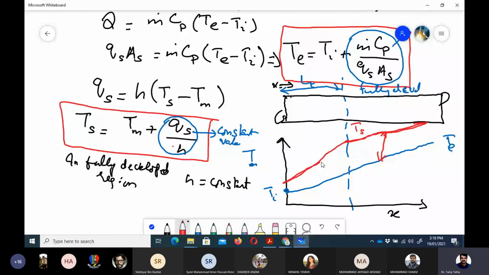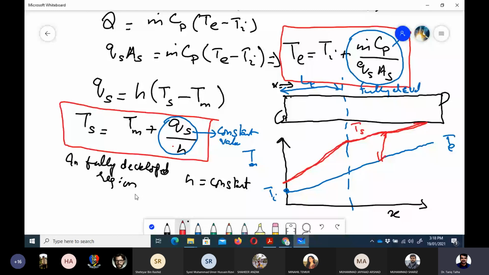So you can see now the distance between Ts and the fluid mean temperature is less. Why is this? Because h is more, and if h is more, then this value would decrease. So that is why we have a slope when we come to the entrance region. I hope this point is clear to you all, right?